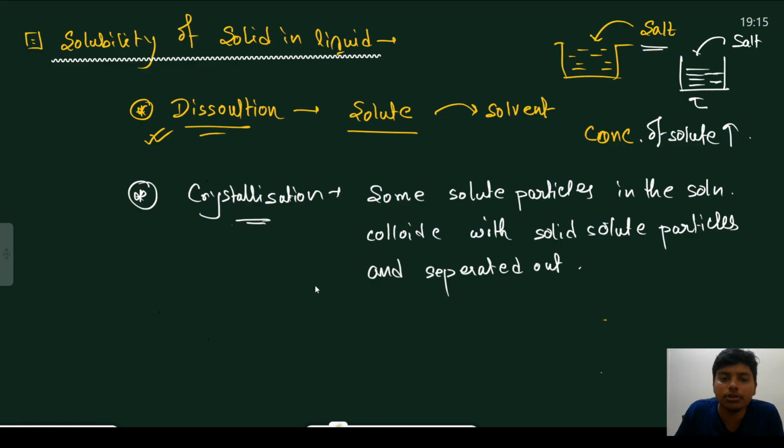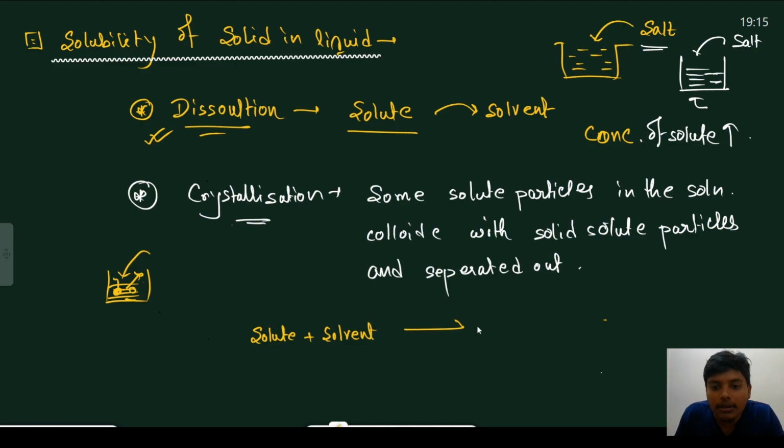I told you earlier also, if you take water and you put salt in it again and again, what will happen after some time? Whatever salt particles are inside, they will come outside, and that process is known as crystallization. Understood or not? So I can write solute plus solvent. What will I get? I will get solution, right?